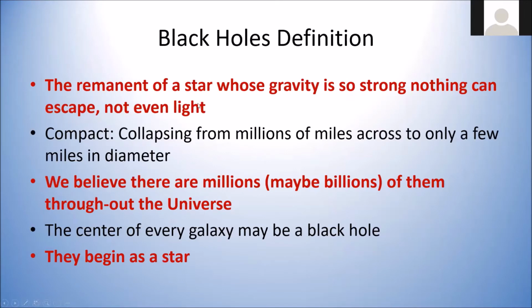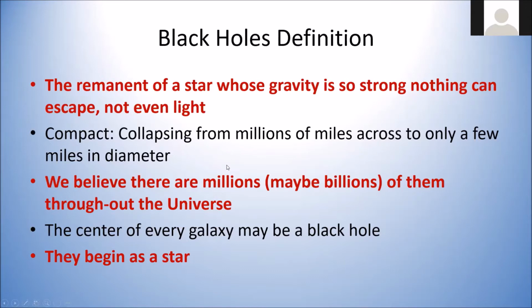So what is a black hole? A black hole is the remnant of a star whose gravity has increased so much that nothing can escape, not even light. It's very, very compact, very, very dense. It has collapsed from something that was millions of miles across to only a few miles in diameter.